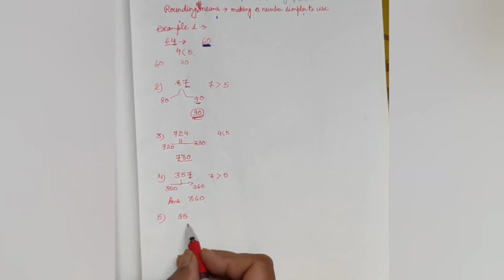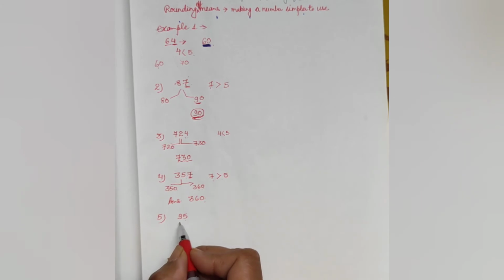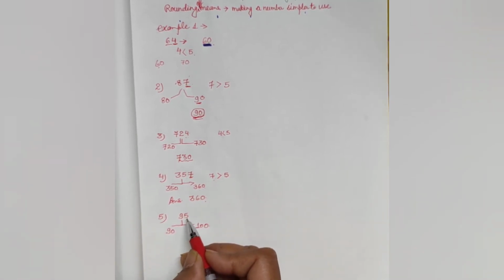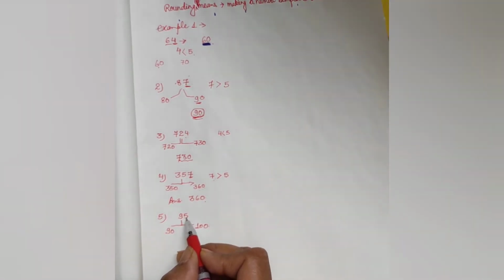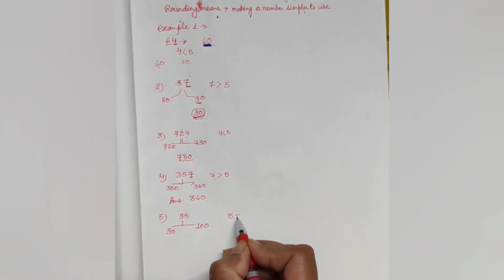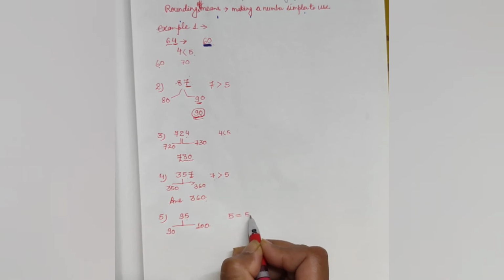In another example, we take 95. The lower number is 90 and the upper number is 100. If we check the ones place digit, here the ones place digit is 5, which is equal to 5.